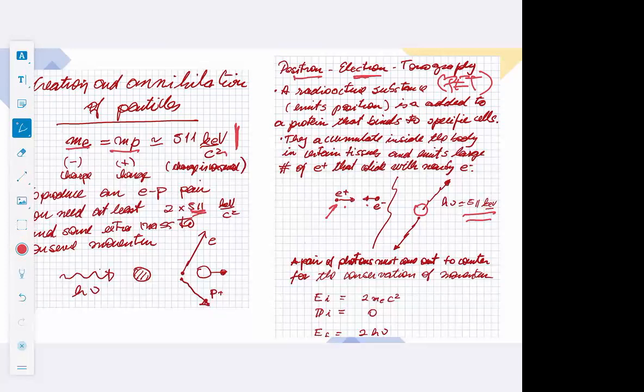You detect both photons in synchrony in detectors surrounding the patient, and you can make an image of the point of the body where this came from. This is done very fast, almost instantaneously, because this is a very energetic particle also, 511 kilo electron volt.